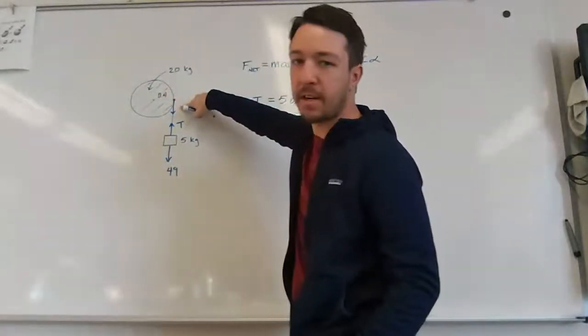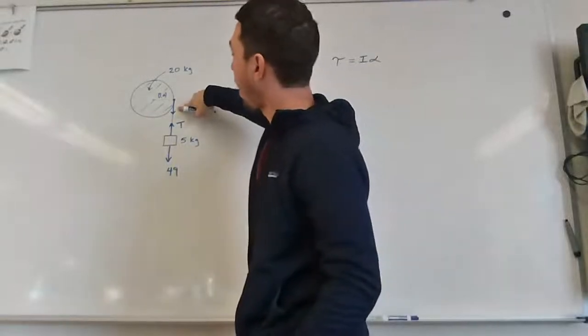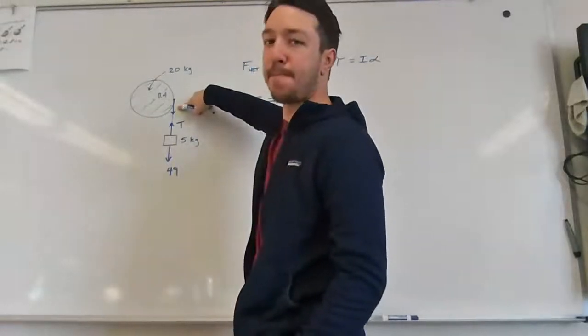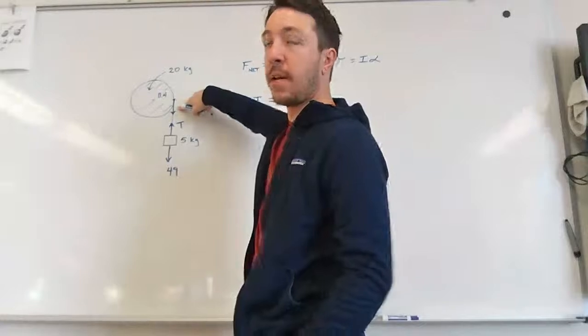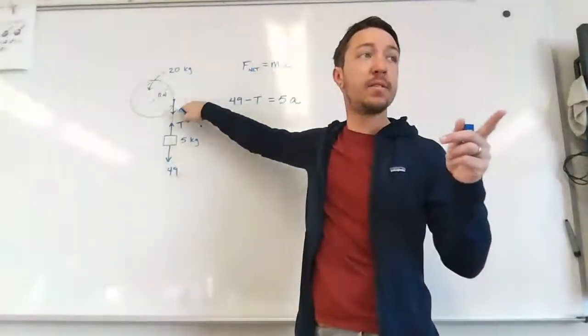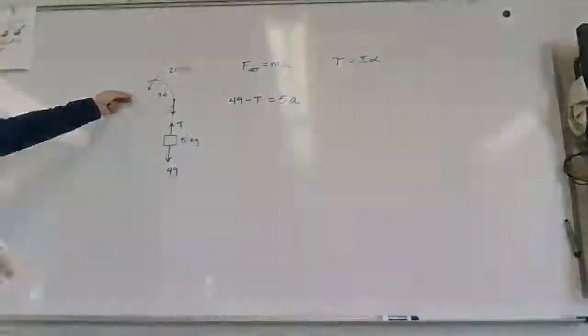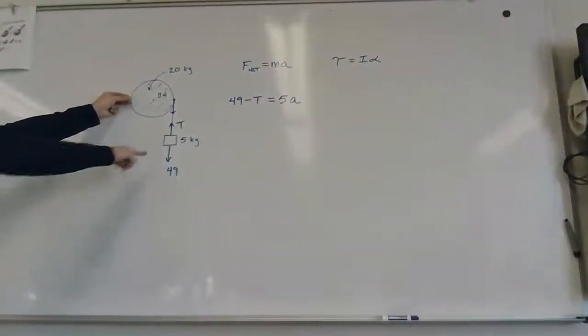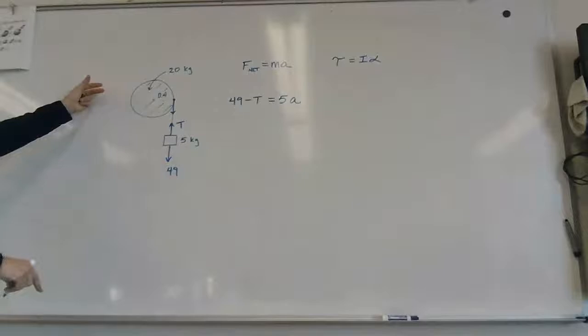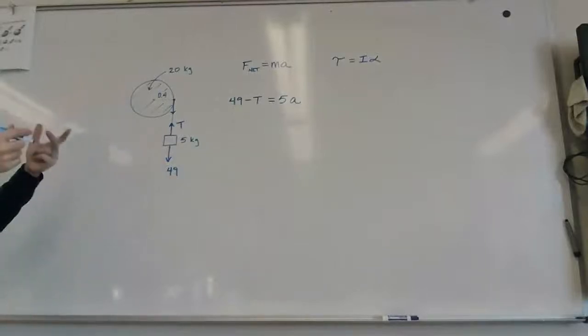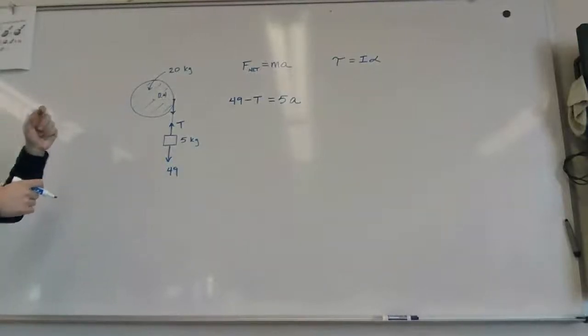How big is that vector? Nope, it was 49 before we released it. Imagine I'm holding the wheel. It's 49 newtons because the tension is balanced. But once I release it, remember the Atwood machine? That tension is reduced.